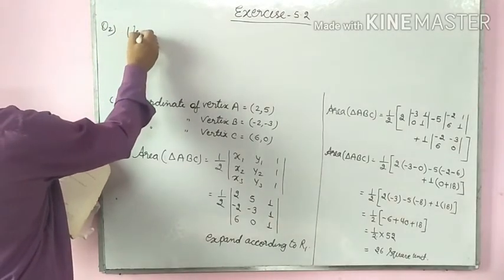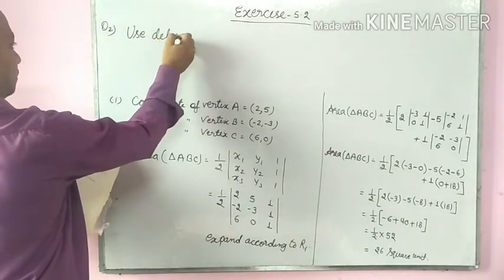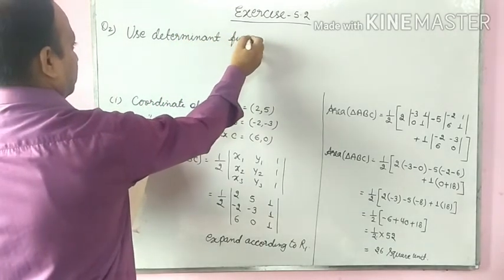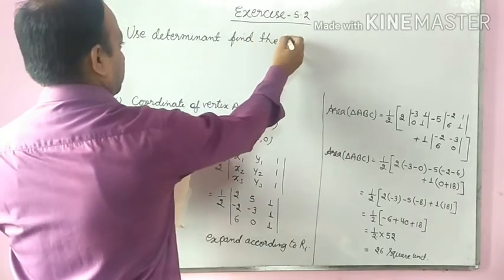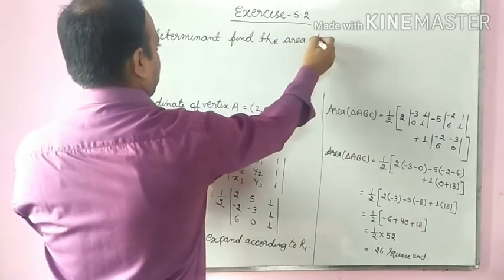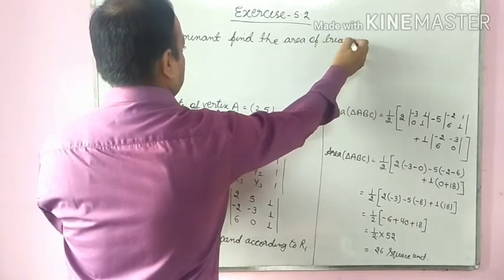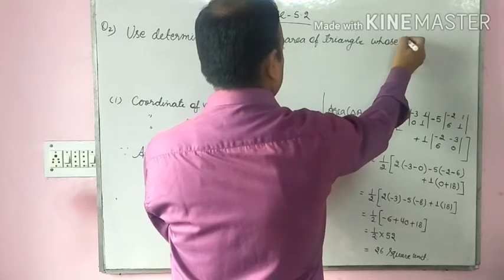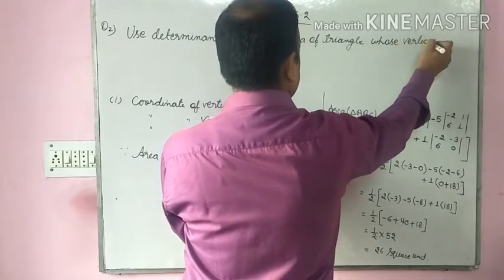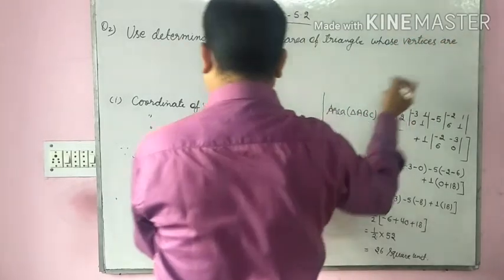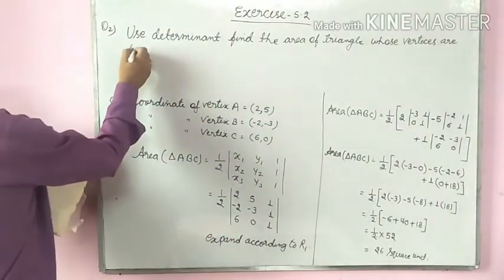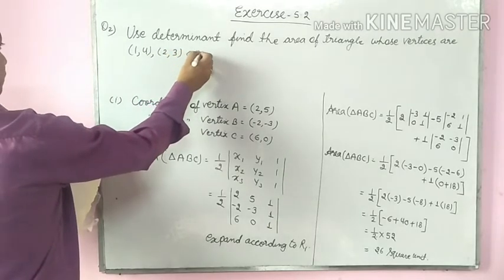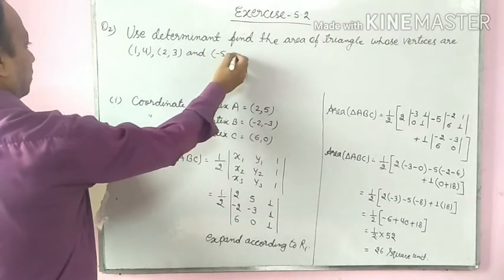The second question is: use determinant, find the area of triangle whose vertices are 1 4, 2 3 and -5 -3.